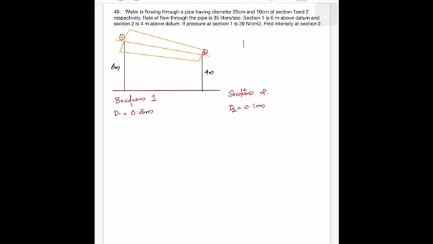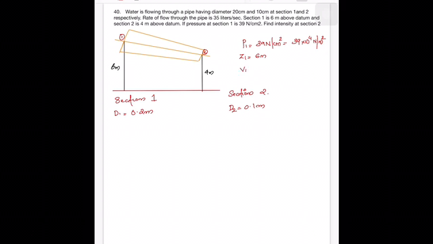We have P1 as 39 Newton per centimeter square, which is equal to 39 into 10 power 4 Newton per meter square. That's a conversion. Now Z1 will be equal to 6 meters.